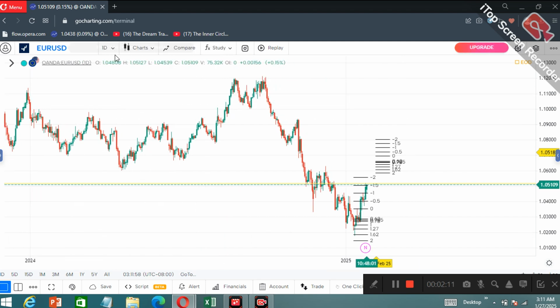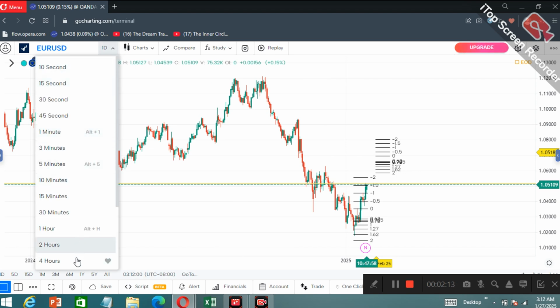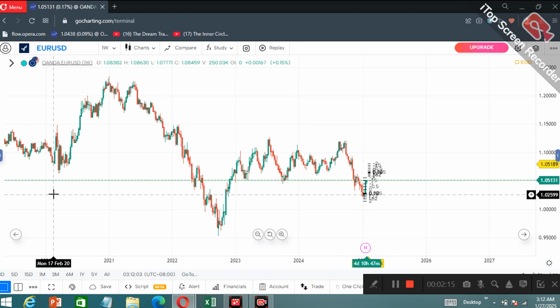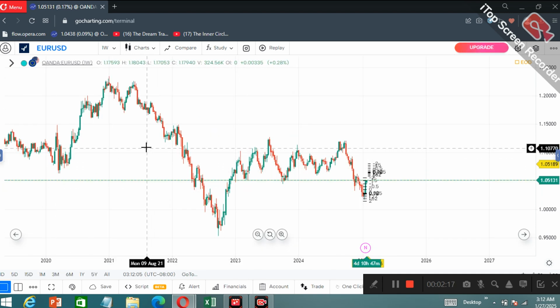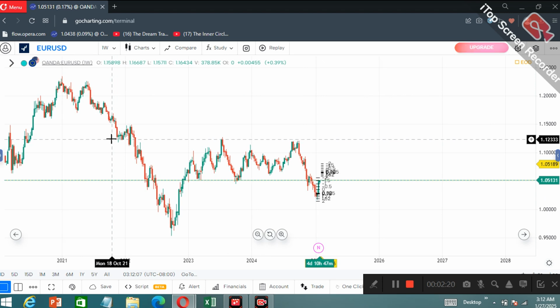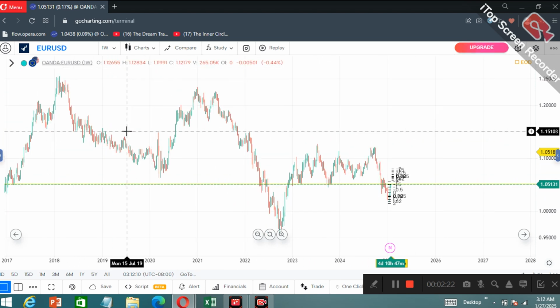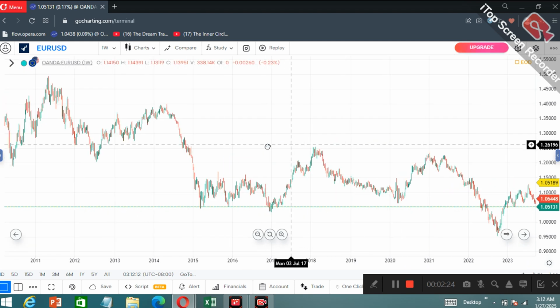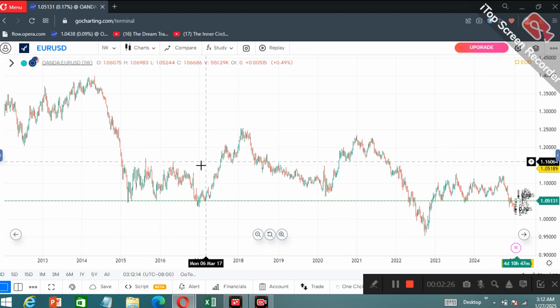This pair is Euro USD because this is a more important pair. So we analyze in the 1 week, not 1 month, just 1 week. Okay, we should know this.